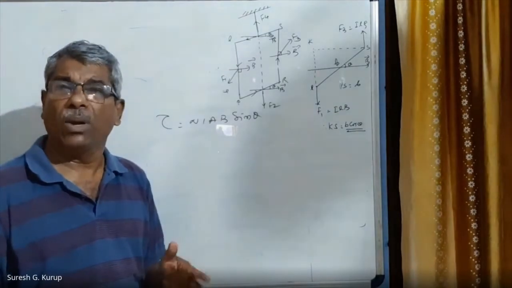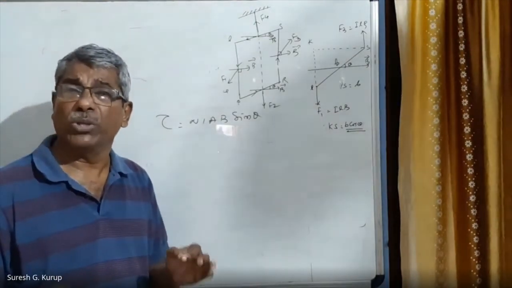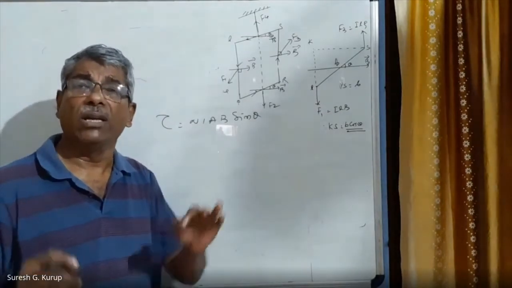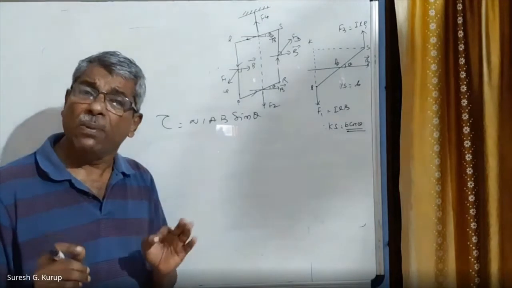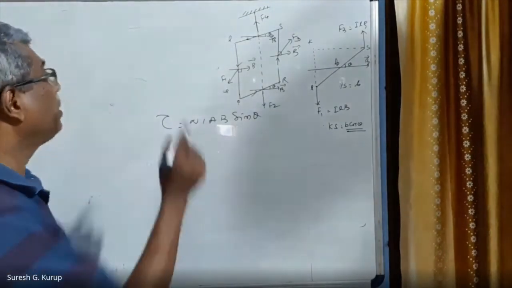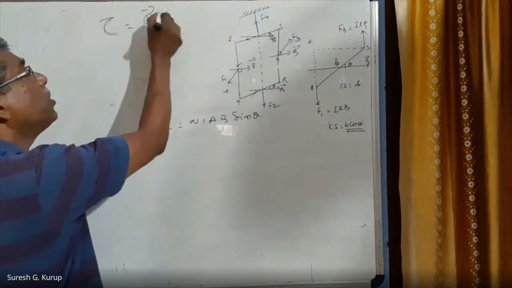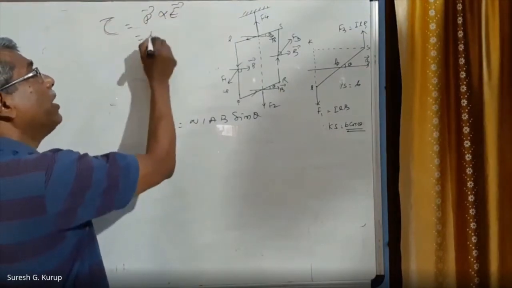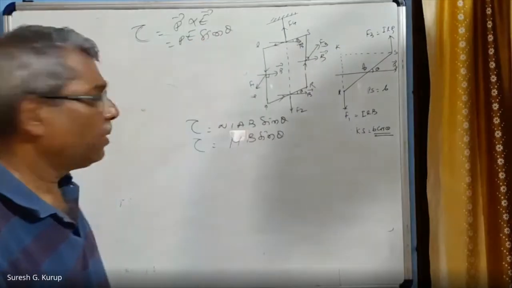Every magnetic dipole has a magnetic moment, just like we have a moment associated with an electric dipole. In the case of an electric dipole, when an electric dipole is kept in a uniform electric field, the torque acting on it, we have already seen, is tau equal to P cross E, that is equal to PE sin theta.